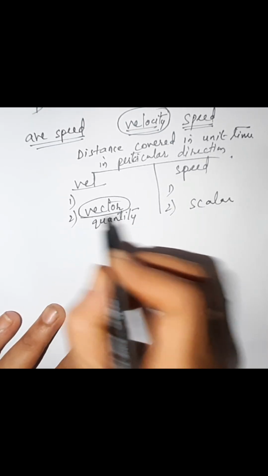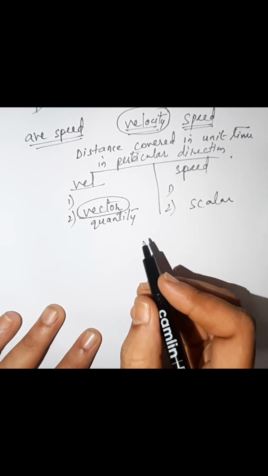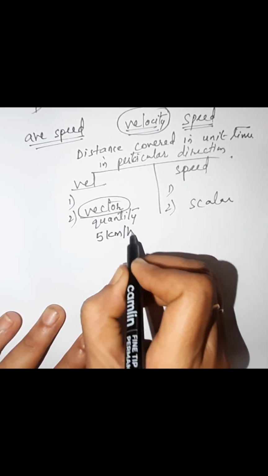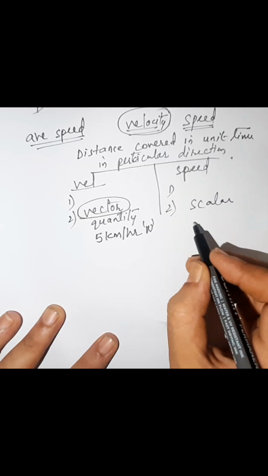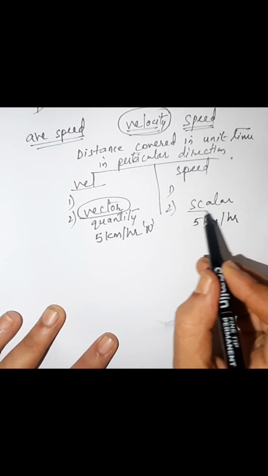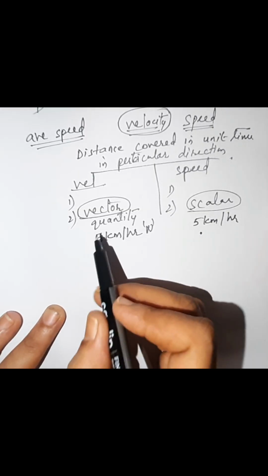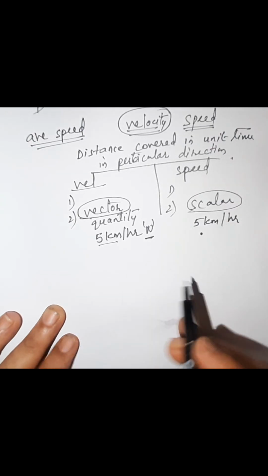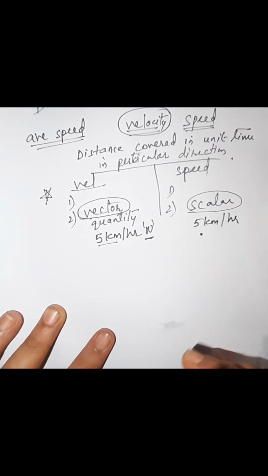The quantity which has magnitude and direction both is called a vector quantity. Like for velocity we use 5 km per hour towards north, whereas for speed it is 5 km per hour. Thus the scalar quantity has only magnitude, but a vector quantity has magnitude and direction both. So this is one of the important questions: differentiate between velocity and speed.